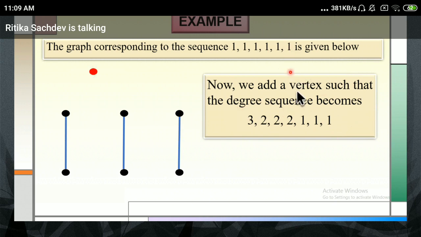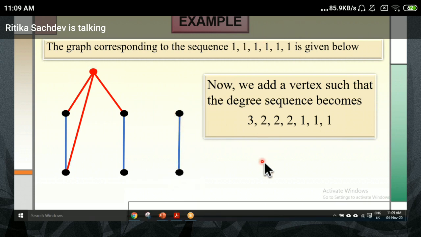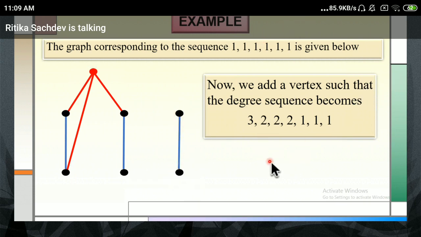Can you see the last 3 ones are remaining as they are? Now this new vertex, whom should it connect to? The first 3. So I am adding it to 1, 2 and 3. Now check what the degree sequence is. 3, 2, 2, 2, 1, 1, 1. Is this point clear?